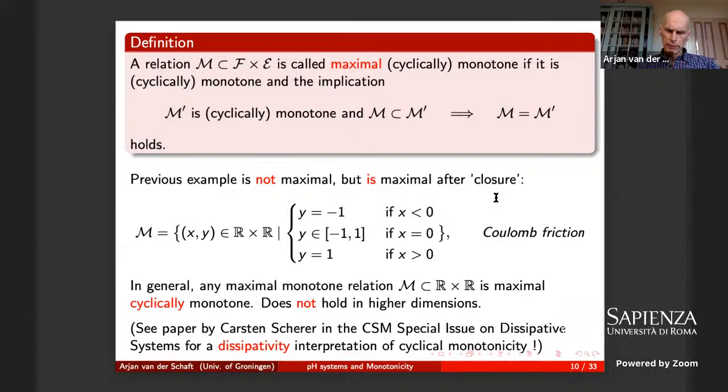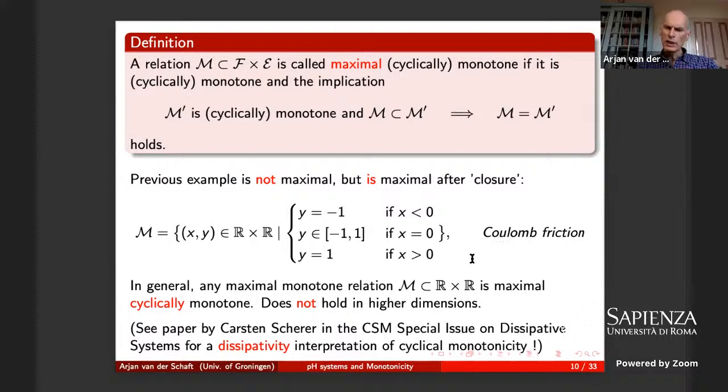So this previous example was not maximal because in fact we can close it by defining for x equal to 0, y to be in the whole interval between -1 and +1. So we get a multi-valued map, which is of course the typical description of the ideal Coulomb friction.